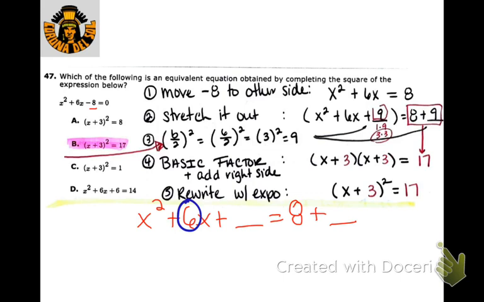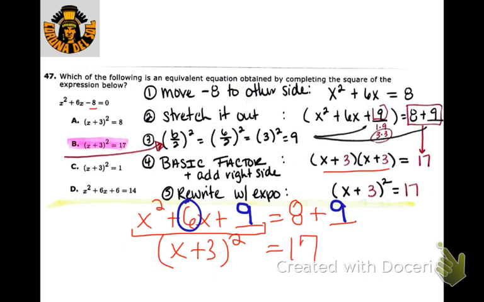So half of 6 is 3. 3 squared is 9. So 9 is the magic number. Then what that does is that creates a perfect square trinomial. So this thing factors amazing. So it factors as x plus 3 times x plus 3, or x plus 3 quantity squared, and then this side would be 17. So that's why this would be the same thing.